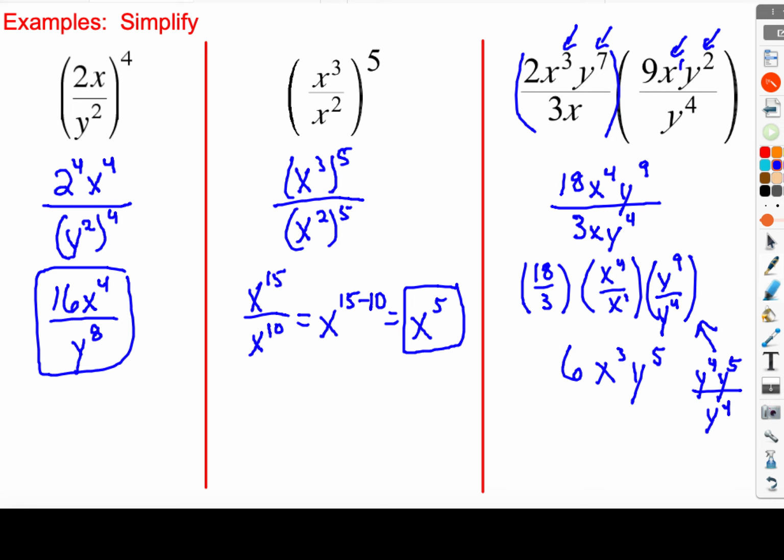So I just cancel away the y to the 4ths, and we end up with that y to the 5th over here. So just keep that in mind. Again, you're dividing the bases, but the shortcut is to subtract the exponents, if there are exponents to subtract.